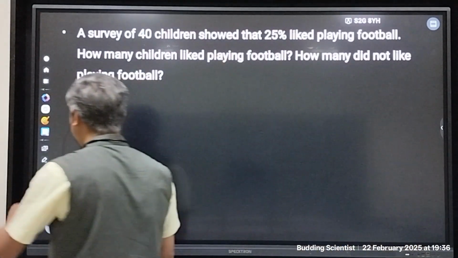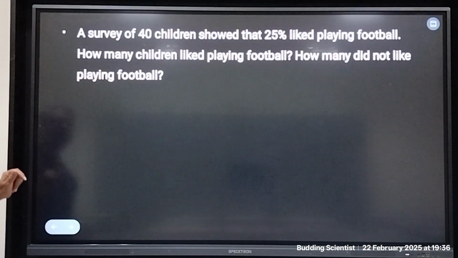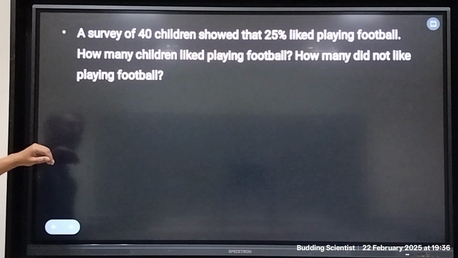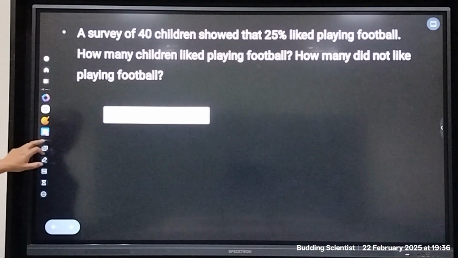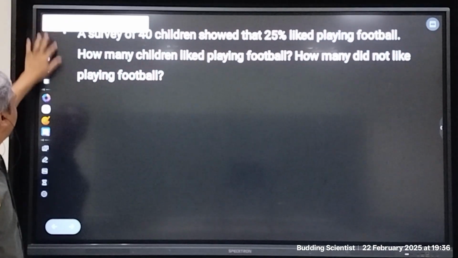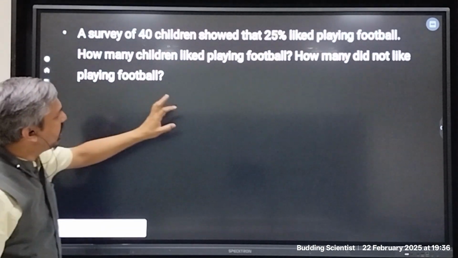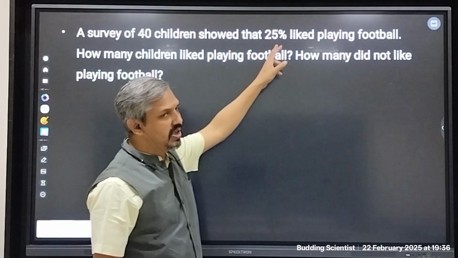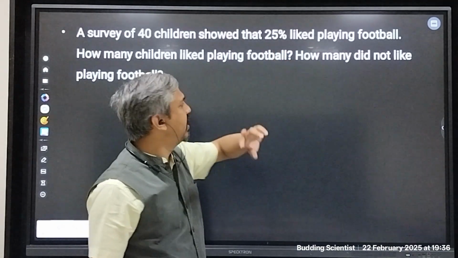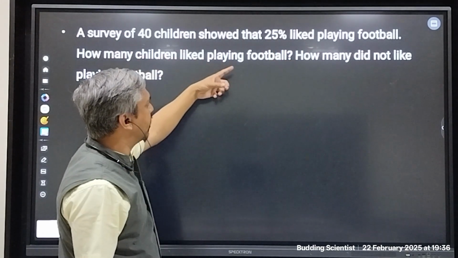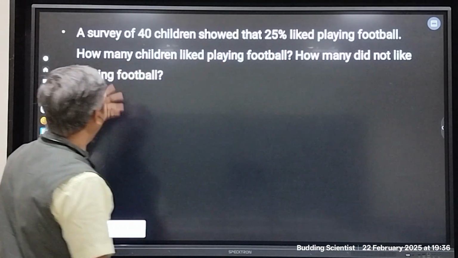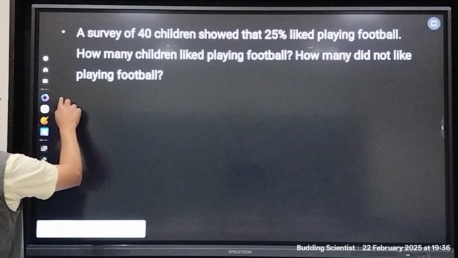This is not difficult as well. A survey of 40 children shows that 25% like playing football. How many children liked playing football? 25% is not a number. They are asking how many children, which is a number, and how many did not like playing football. Let's see this.